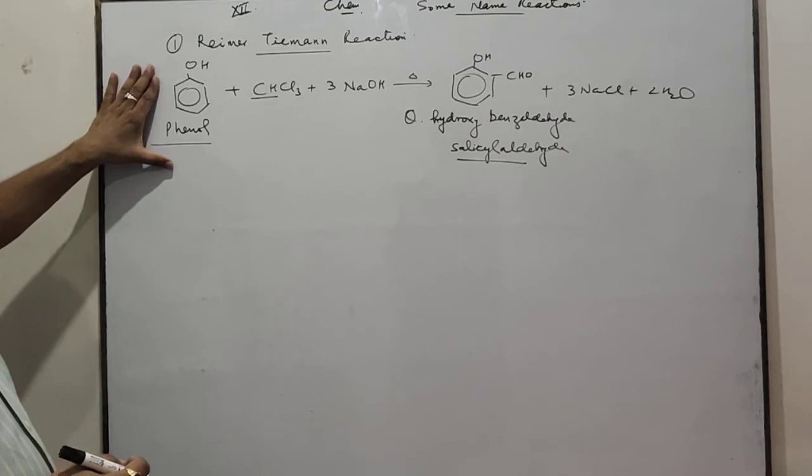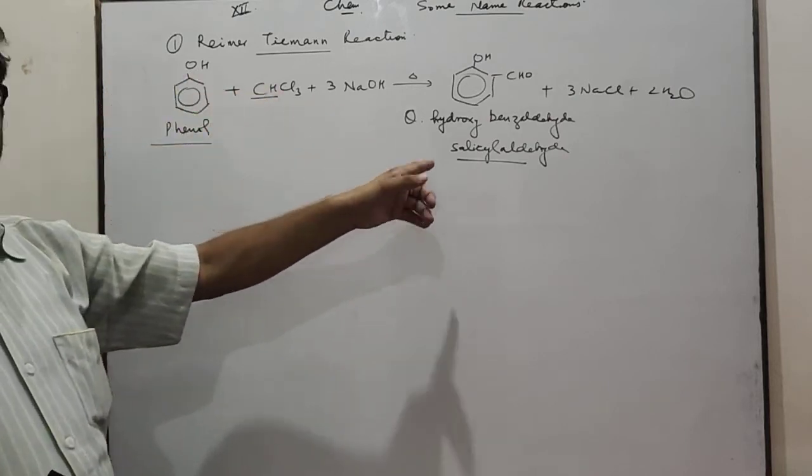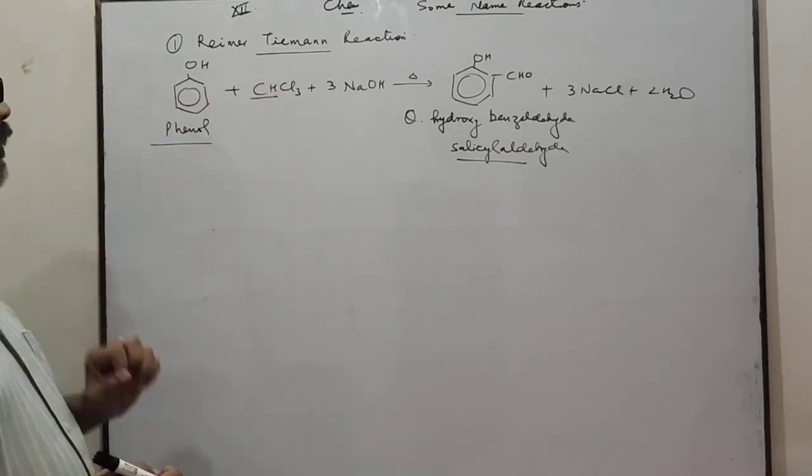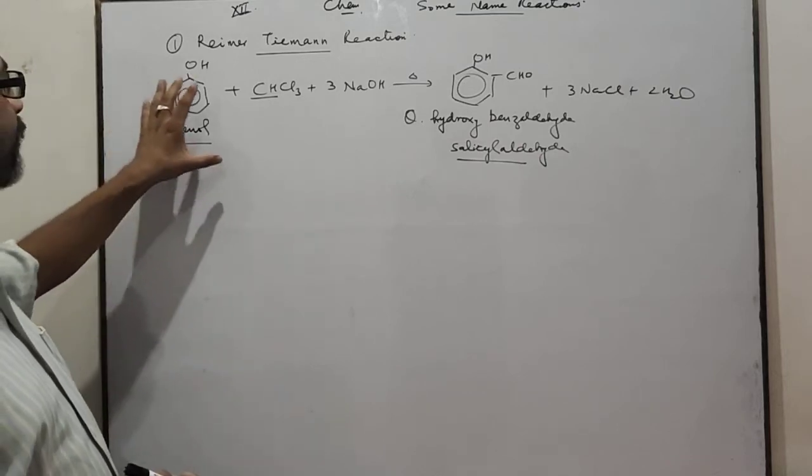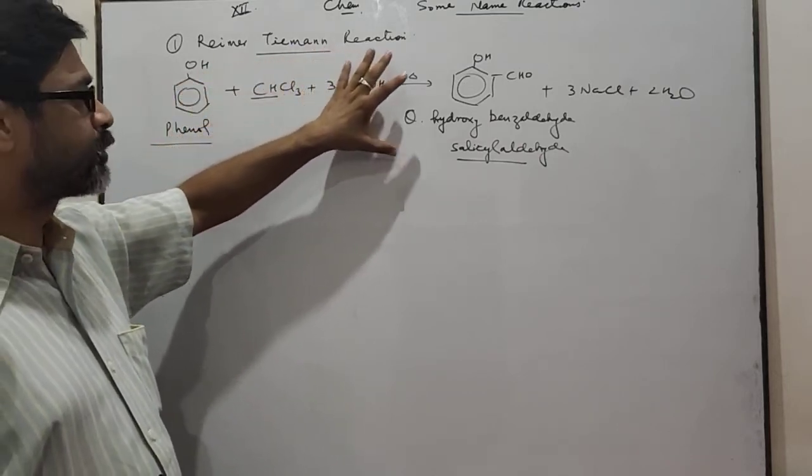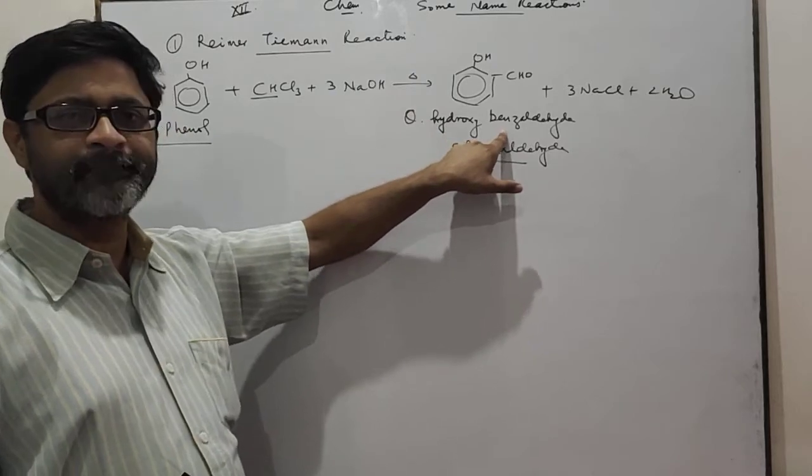If we want to prepare orthochlorobenzaldehyde from phenol, then first of all we treat phenol with chloroform and NaOH to get orthohydroxy benzaldehyde.